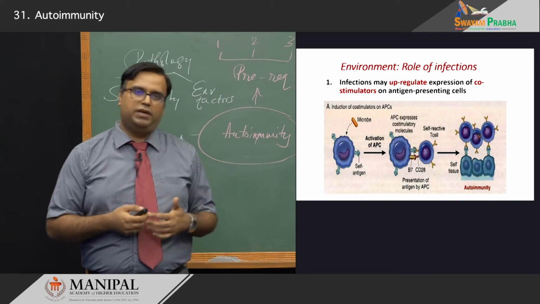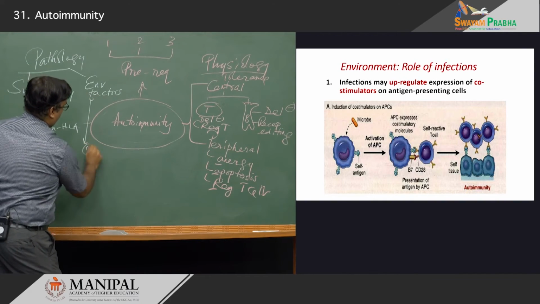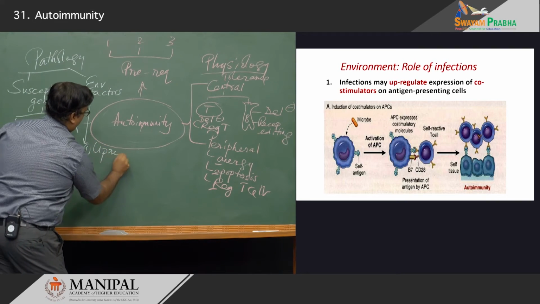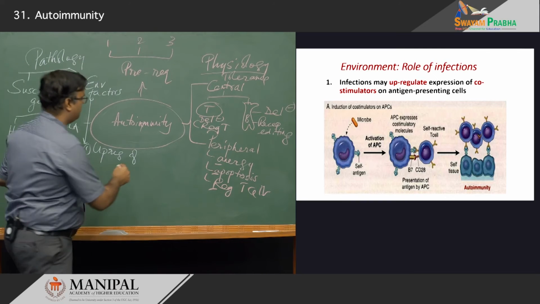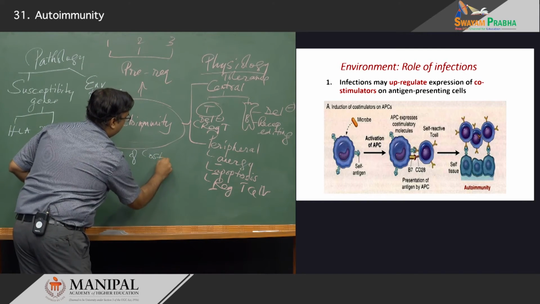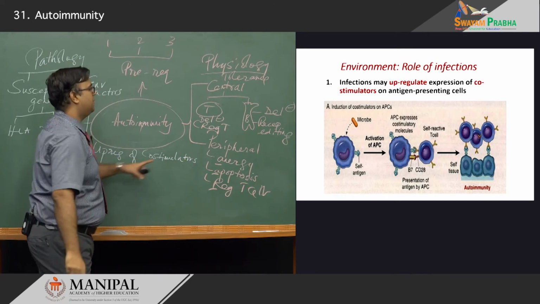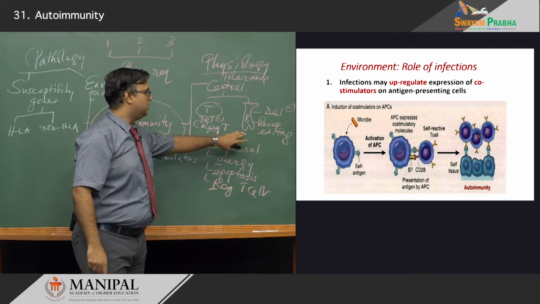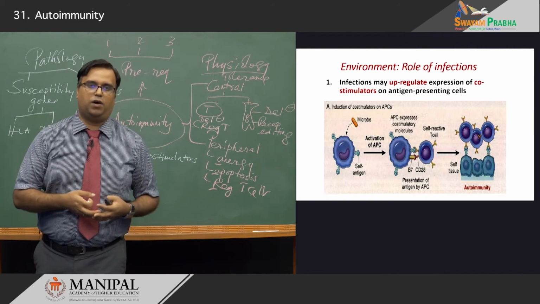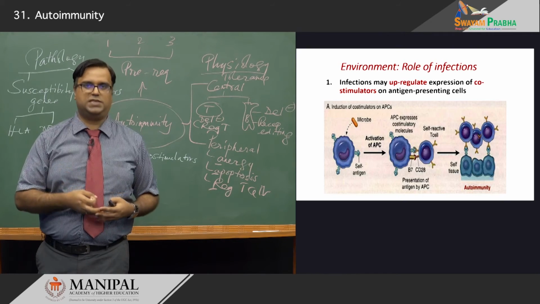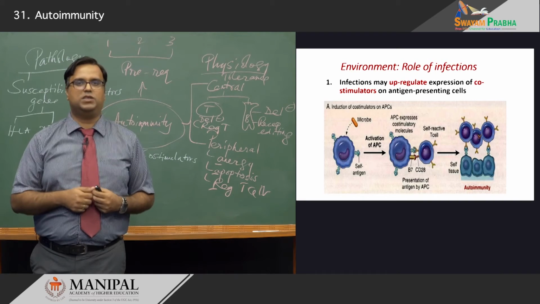Now, the environment upregulates the expression, and it results in upregulation of co-stimulatory molecules. We had learned, in the concept of deletion and receptor editing, that you have regulatory or co-stimulatory molecules such as B7, also called CD80 or 86, which were required to generate signal 2.